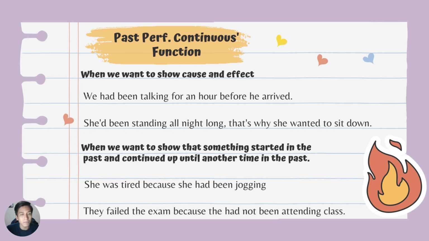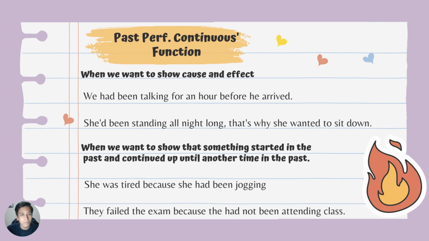Now, let's talk about the past perfect continuous. First, I would like to mention that the past perfect continuous is not commonly used, and that is because we mostly use this tense in a formal context.